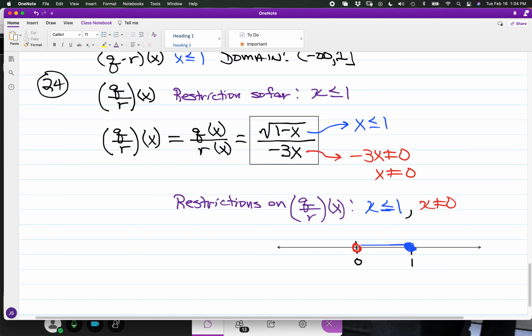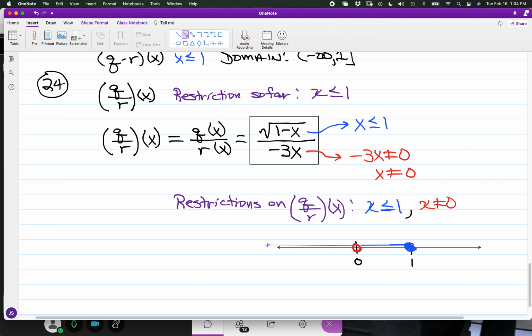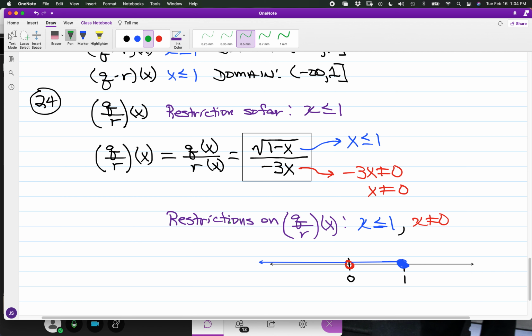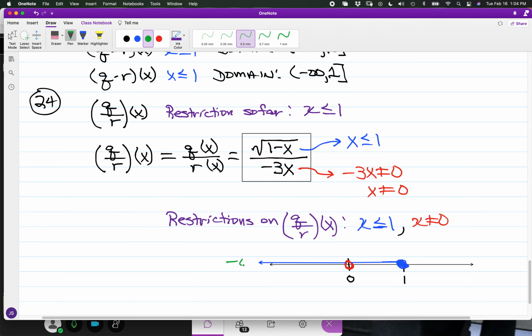Once you go past this little blip, that hole in the graph, we pick up with the rest of what was originally x less than or equal to 1, but now 0 is left out. Again, the lower limit tends to negative infinity.